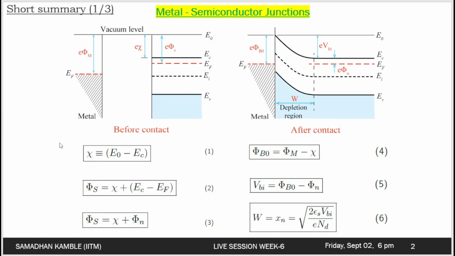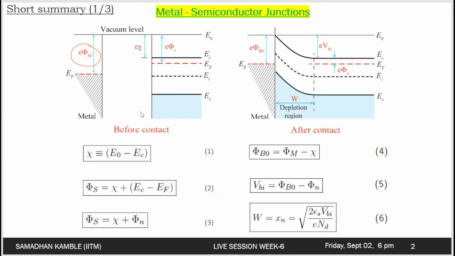First is the work function of the metal. It is the energy required to remove an electron at the Fermi level to the vacuum level E0, which is outside the material, outside the metal. It is also an invariant fundamental property of this specific material. So this is the work function of the metal.